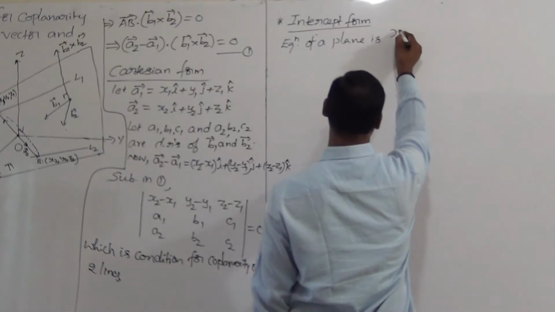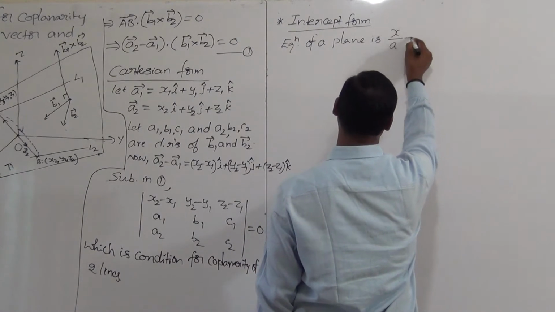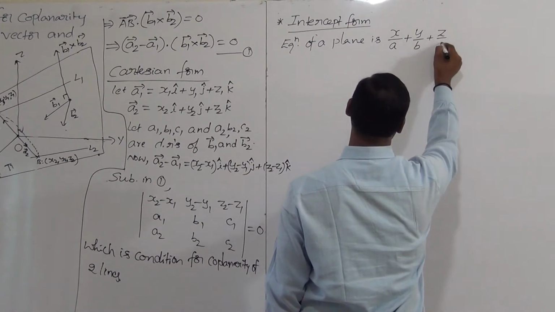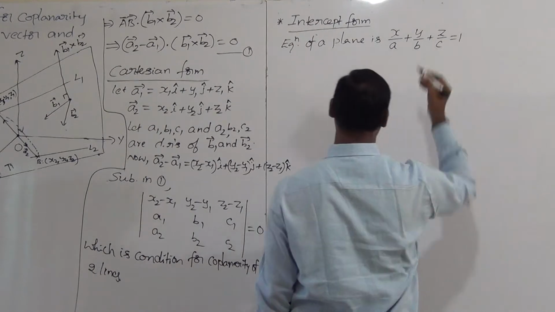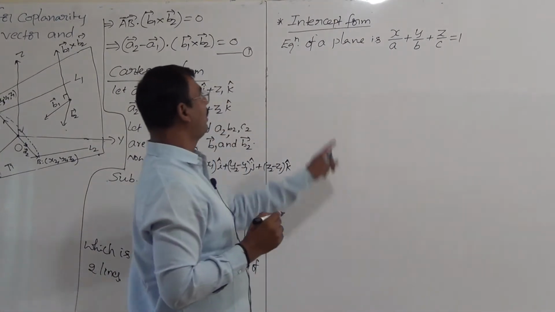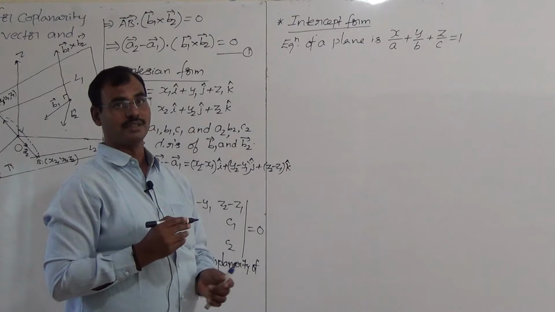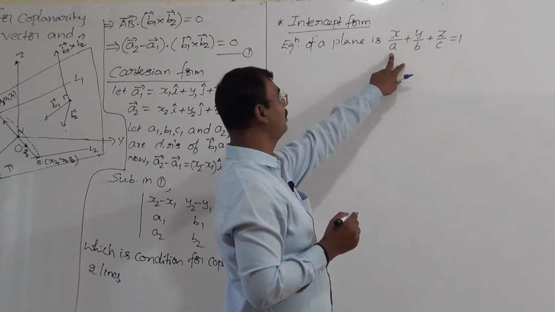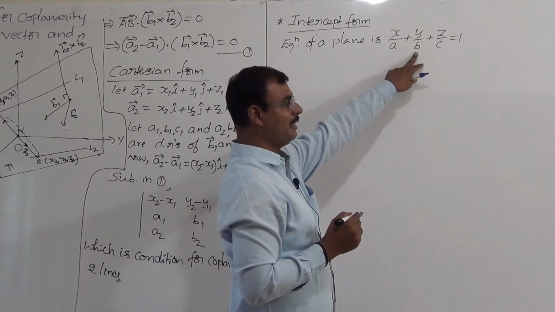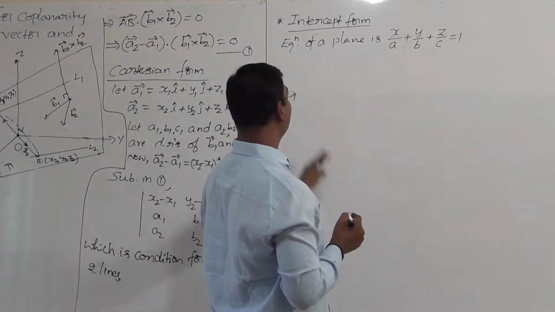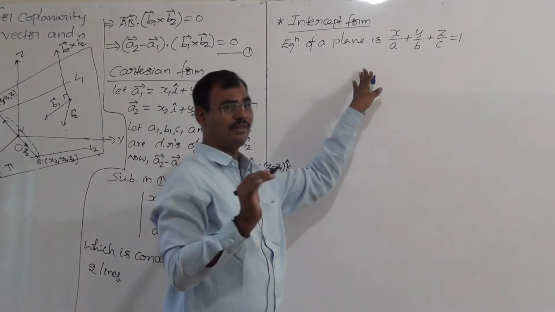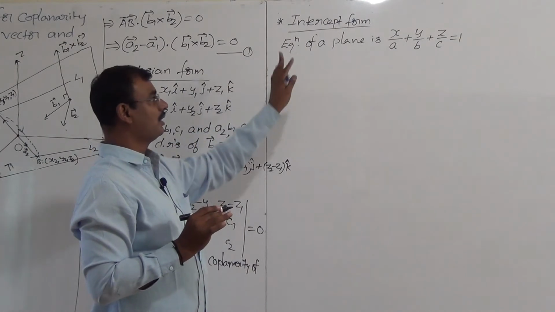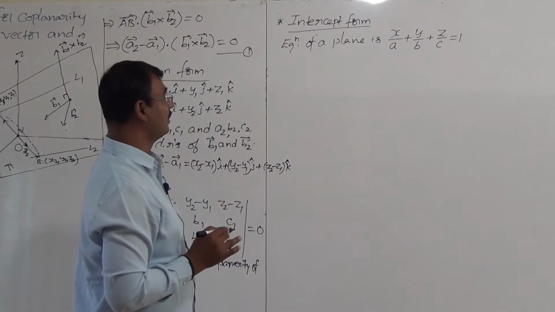So that is x divided by a plus y divided by b plus z divided by c equals 1. Remember the intercept form of a plane equation. Here a is called the x-intercept, b the y-intercept, and c the z-intercept. Derivations are not needed; we have the derivations, but these forms are the important ones. Now these are useful formulas to solve questions.